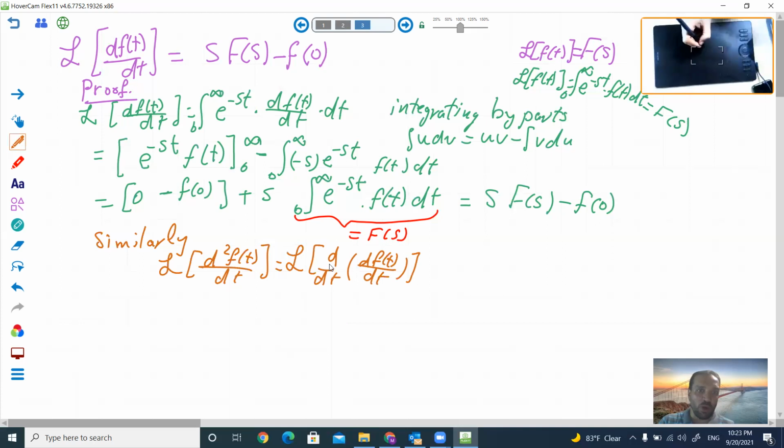But we have already proved that the Laplace transform of df of t by dt is equal to s times f of s. So now it's a new derivative of a function whose Laplace transform we have.